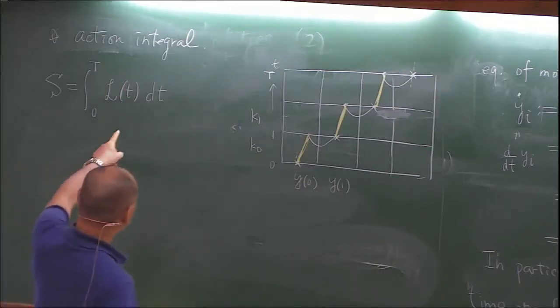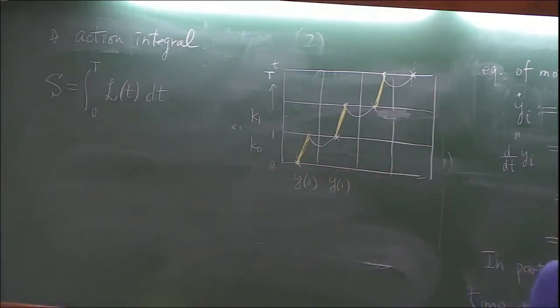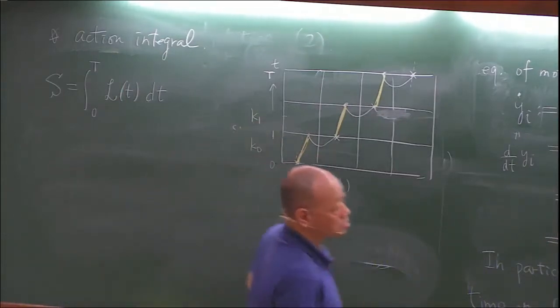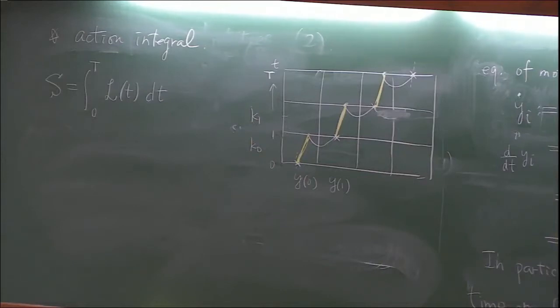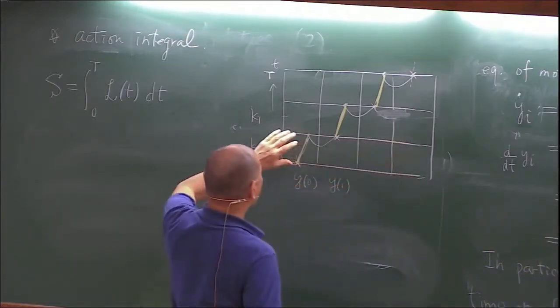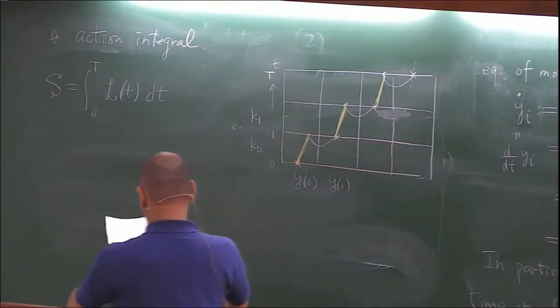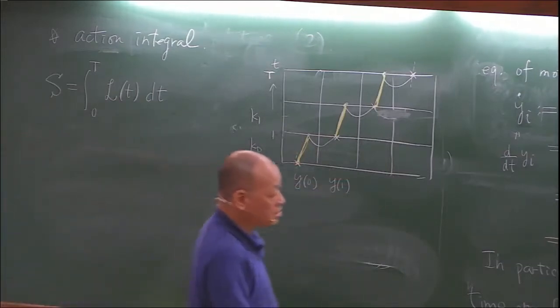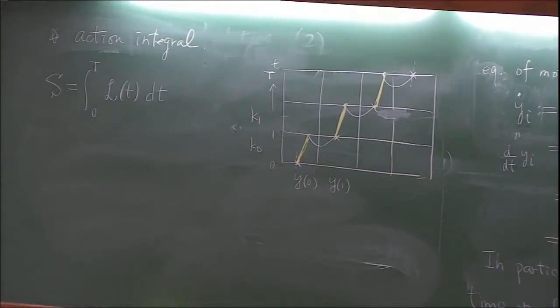This Lagrangian depends on the segment, so K0, K1, and so on. Each time you choose a particular direction. So it is a piecewise constant Lagrangian. And the Lagrangian itself is also a function of only one variable, yk.